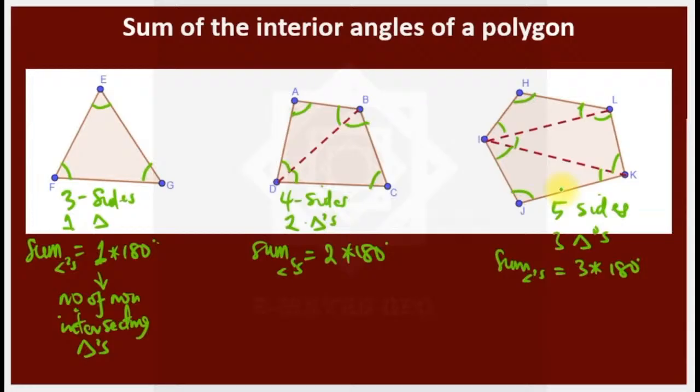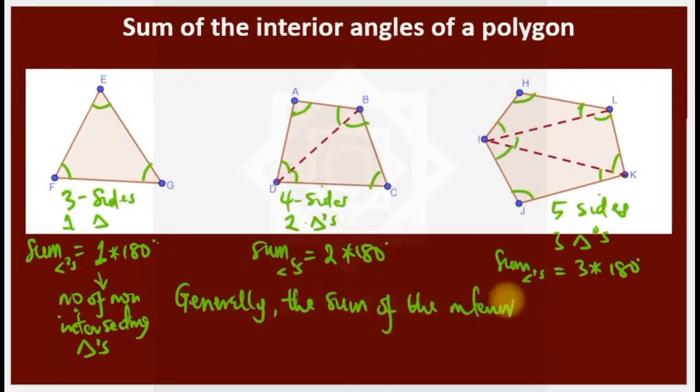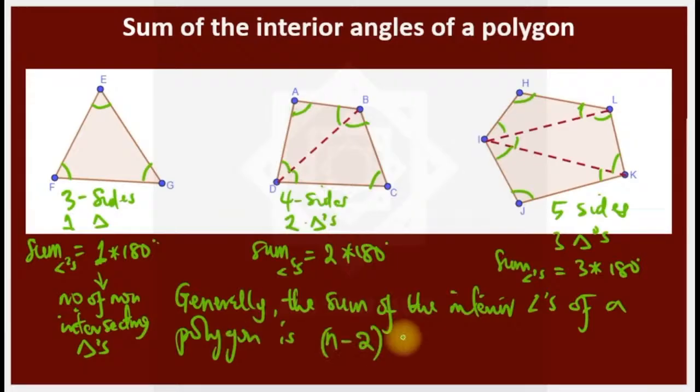So from here we can now deduce another formula. We now get a general formula. Generally, the sum of the interior angles of a polygon is equal to n minus 2, that is the number of non-intersecting triangles, times 180.